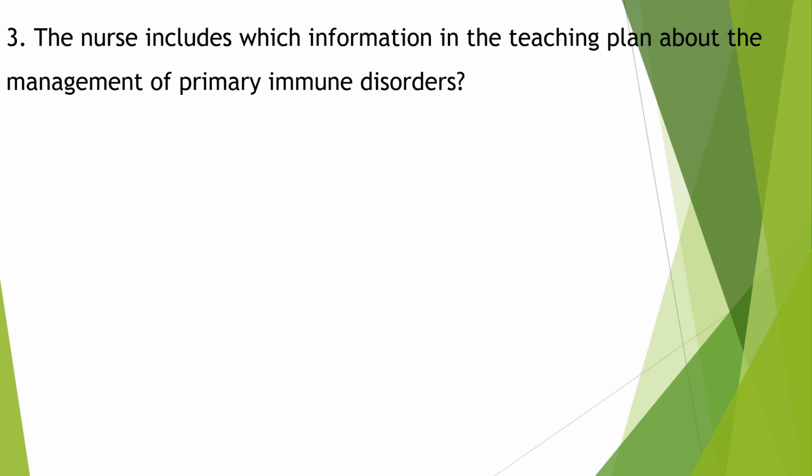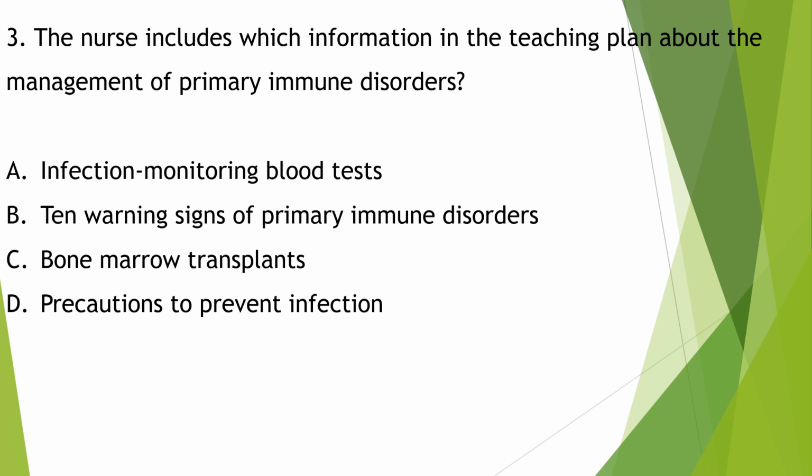Next question. The nurse includes which information in the teaching plan about the management of primary immune disorders? Infection monitoring, blood test, 10 warning signs of primary immune disorders, bone marrow transplant, or precautions to prevent infection. Now, primary immune disorders, you know that at the time of birth itself the patient has this condition.